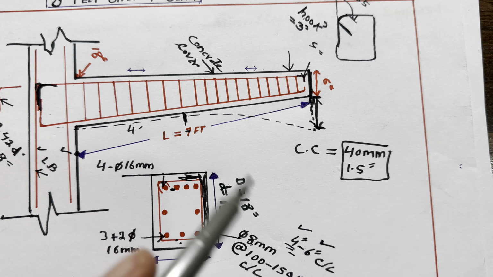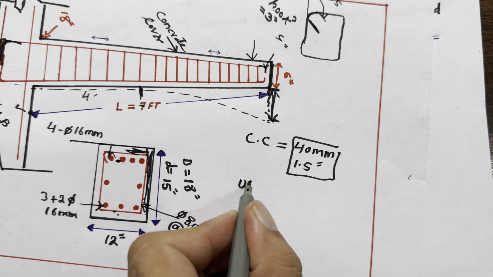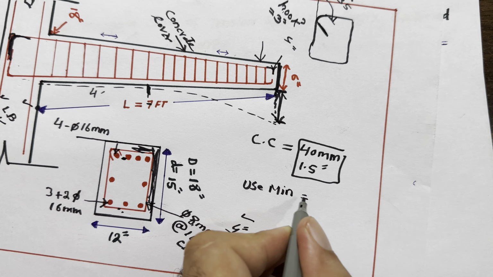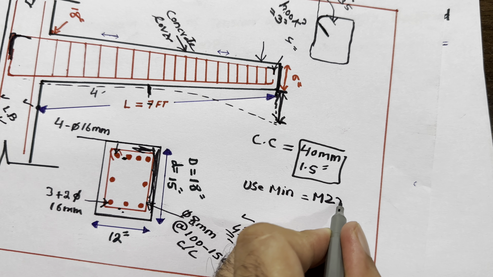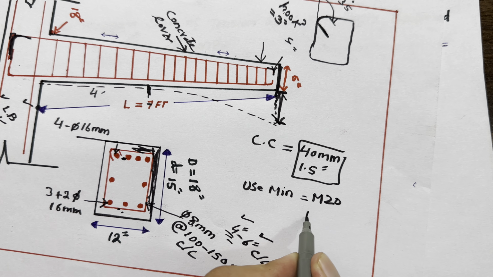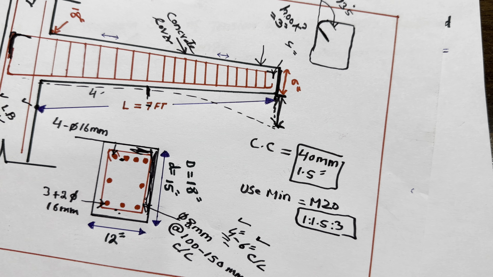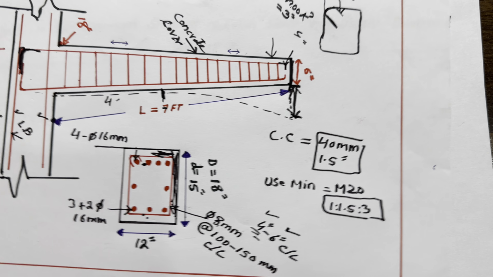Next guys, here use minimum M20 grade concrete, where ratio is 1:1.5:3. Minimum you can use M20 grade concrete, because we require full strength of concrete.